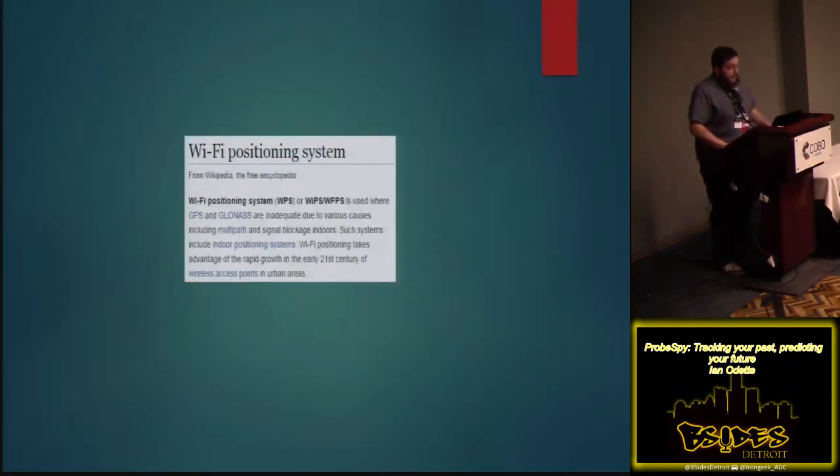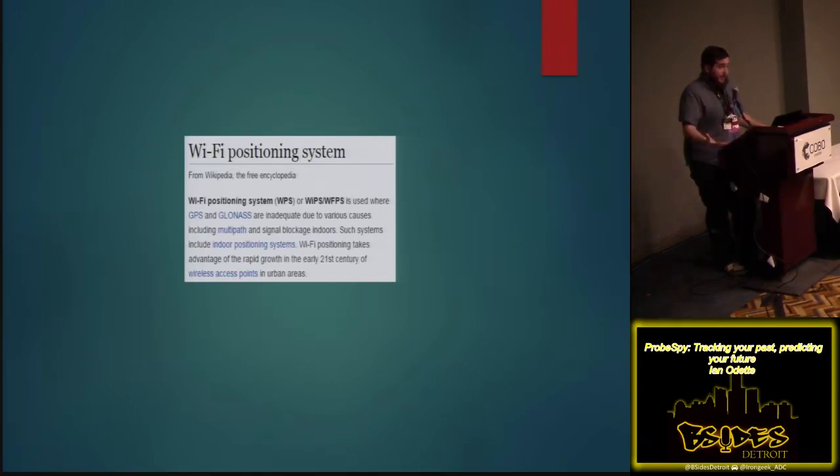Now, some of you might be familiar with Wi-Fi positioning systems. These are essentially doing just that, taking advantage of smartphones or Google Street View cars and other devices to determine, at any given point in the world, the location being determined by GPS or GLONASS or some other location service, what wireless networks are visible from that point.